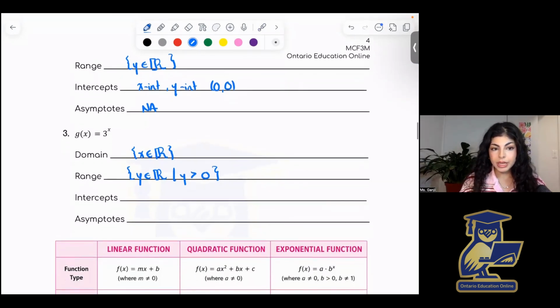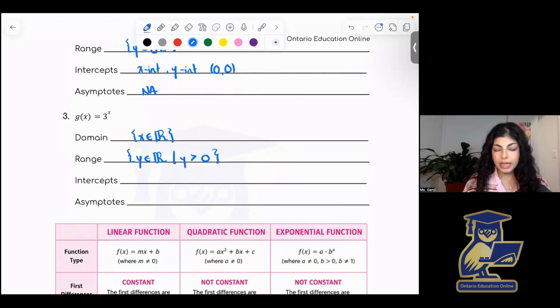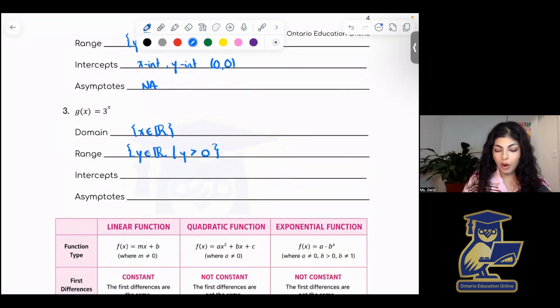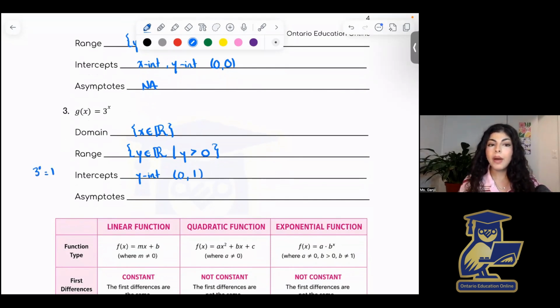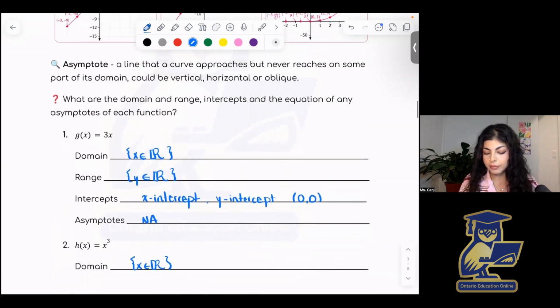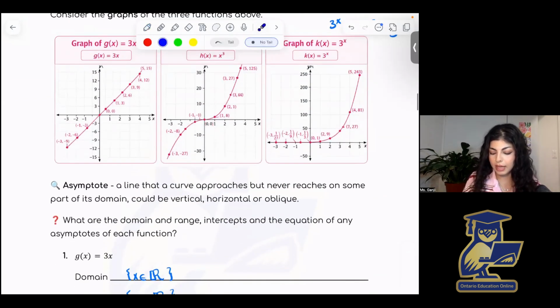Now for the intercept here, of course when x is equal to 0, that is one of our options. So we do have a y-intercept, which is (0, 1), because 3 to the power of 0 is 1. However, as we just said, when y is equal to 0, that means that we are never reaching the x-intercept. So the x-intercept is NA or none, because the function never intercepts with the x-axis, as we just saw.